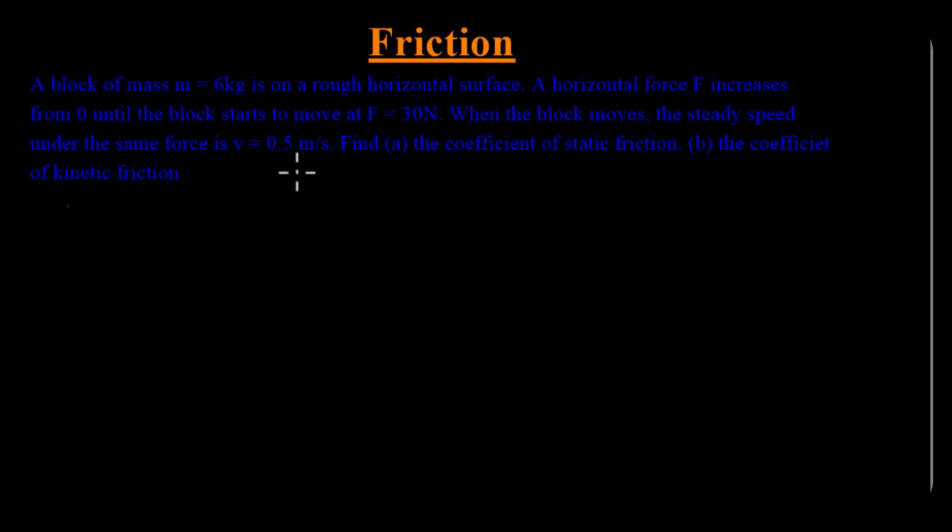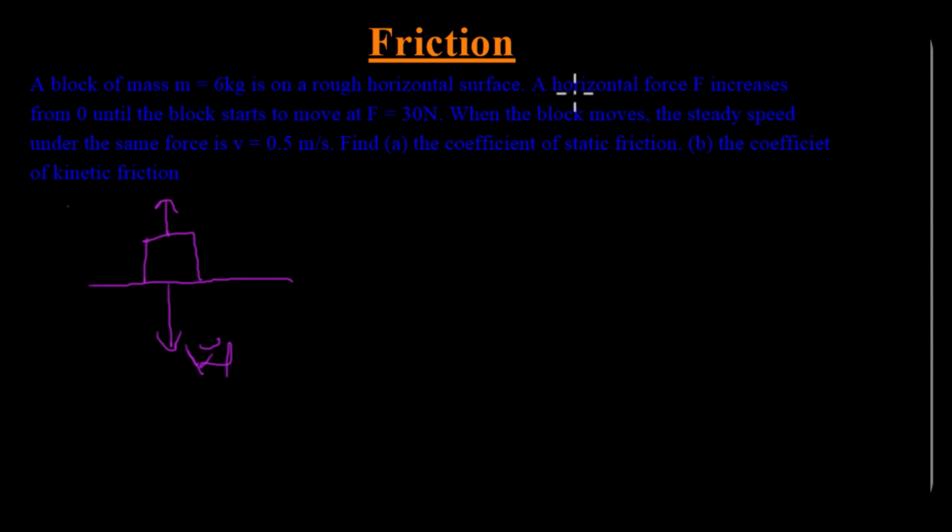So what we want to do, like we've been doing previously, is to make our sketch. So if we make our sketch, we have a box like this. Okay, so my block weighs 6 kg. So I have my weight pointing downwards, and then I have my reaction going upwards.